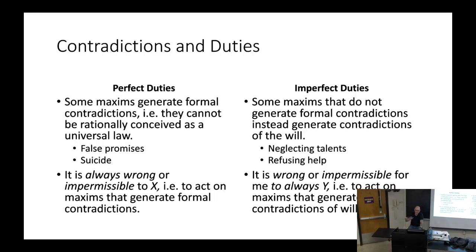Imperfect duties, you have to fulfill them, but you get discretion about how you go about doing that. Could you equally cultivate every one of your talents? Probably not. You're going to have to pick some, not enough hours in the day. So it would be wrong for you to, as his example is, always pick self-indulgence over cultivating your talents.